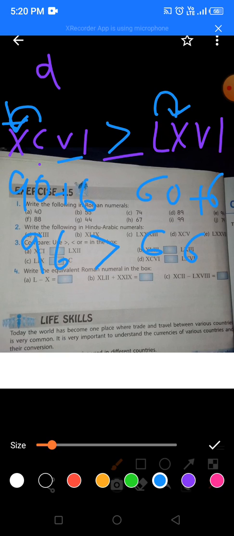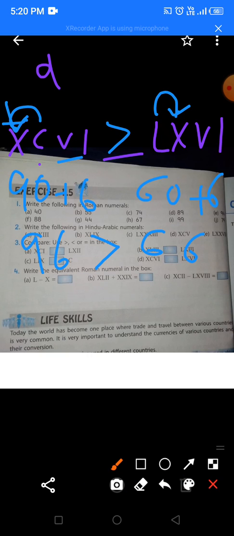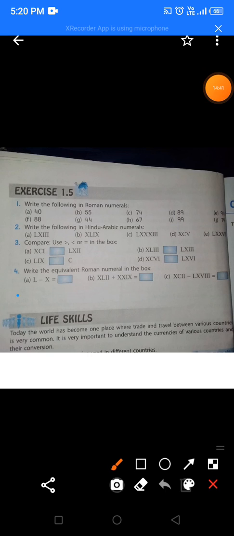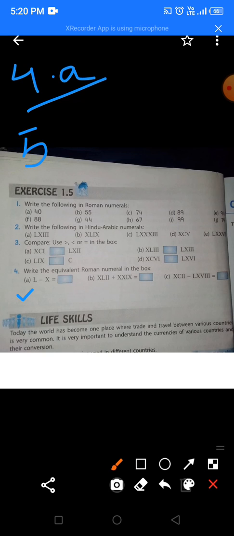Now children, we will now further solve question number 4 of exercise 1.5. Now listen, look here children. What is the question asking you to do? Question number 4a. L is nothing but 50.